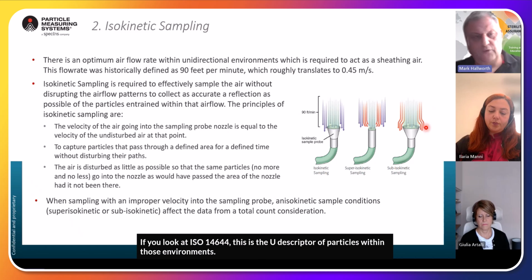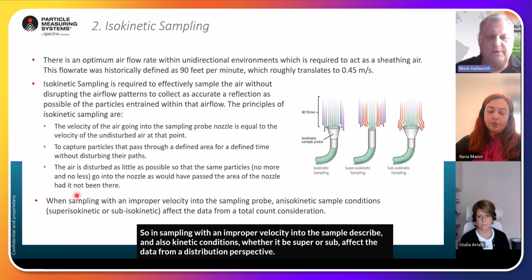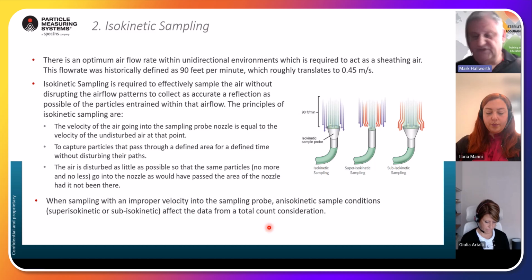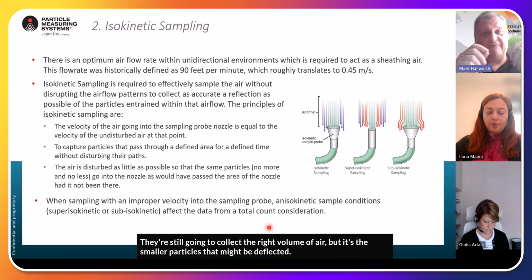If you look at ISO 14644, this is the U descriptor of particles within those environments. So in sampling with an improper velocity into the sample probe, anisokinetic conditions, whether it be super or sub, affect the data from a distribution perspective. They're still going to collect the right volume of air, but it's the smaller particles that might be deflected.